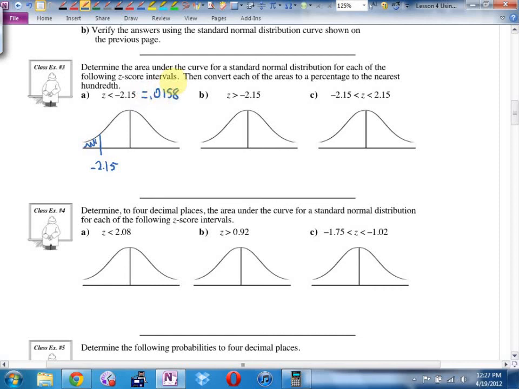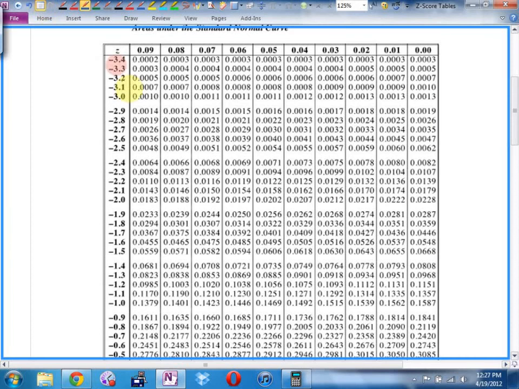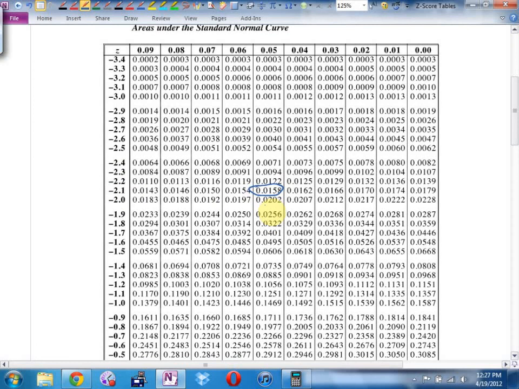0.0158, is that right? Right, so make sure you're on the negative, yes? Are you on the negative? No, it's not negative 2. So it's going to look up. Negative 2.15. Right there. Right? This gives you the second decimal place. The first decimal place comes from here.